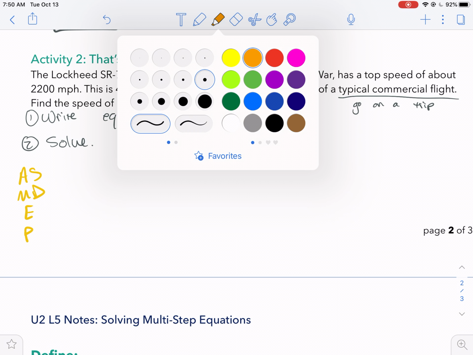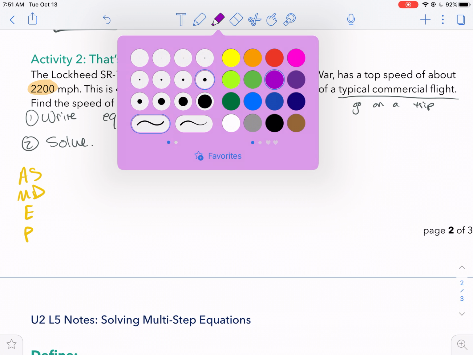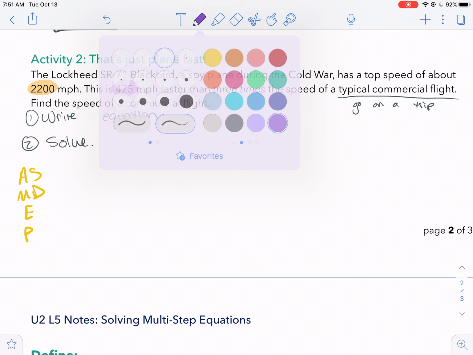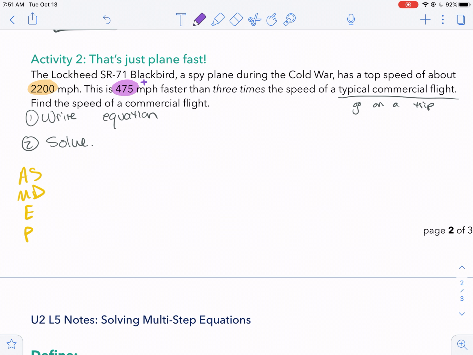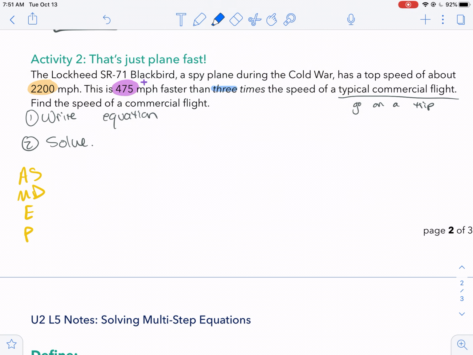Well, what do we know? We know that the speed is 2,200. We also know that it's 475 miles per hour faster, so that'll be 475 plus something. And then finally we end with 3 times our typical commercial flight. So that 3 times is pretty easy to translate to math. That's 3 times, and then whatever our commercial flight is.